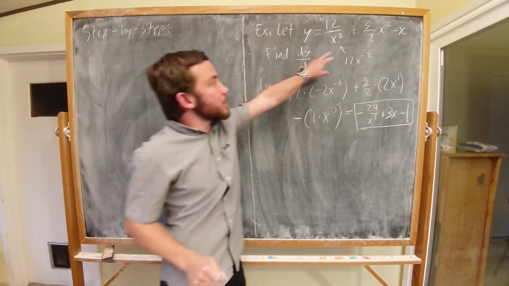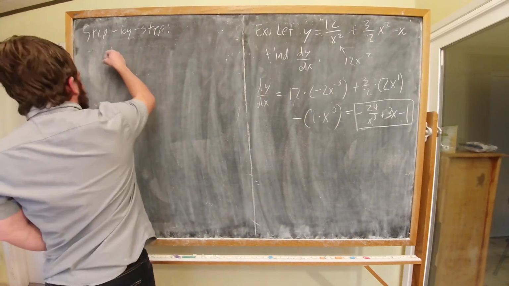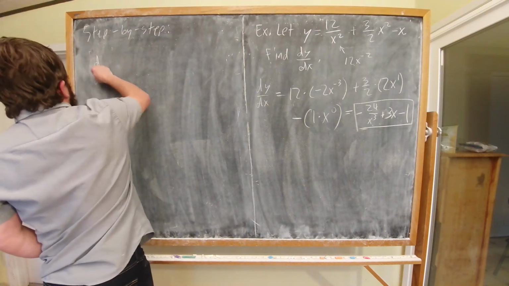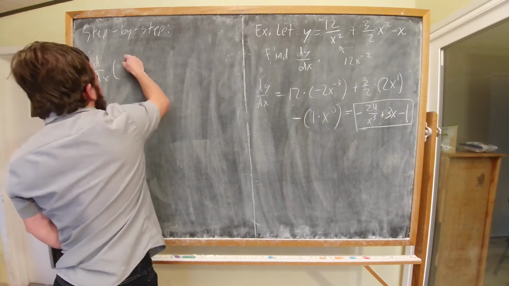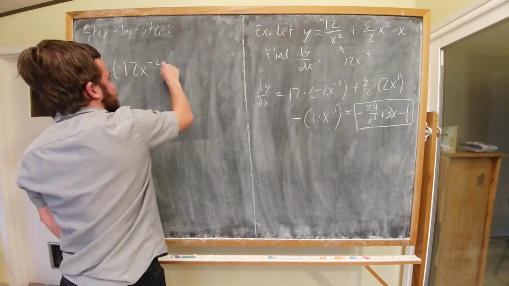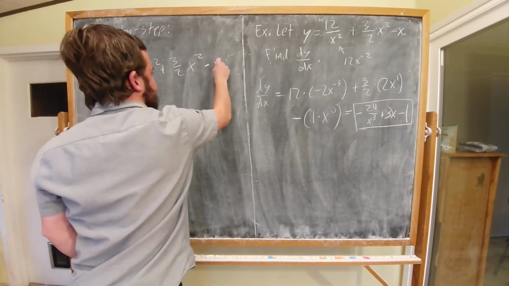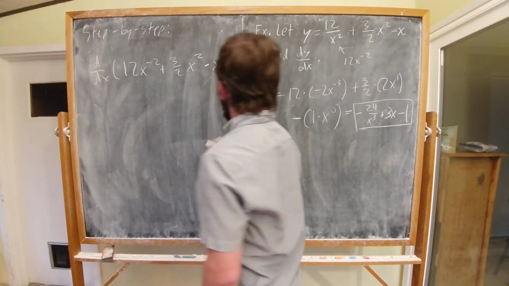We have this 12x to the negative second rewrite. Let's take that for granted. We're trying to find the derivative with respect to x of 12x to the negative second plus 3 halves x squared minus x.